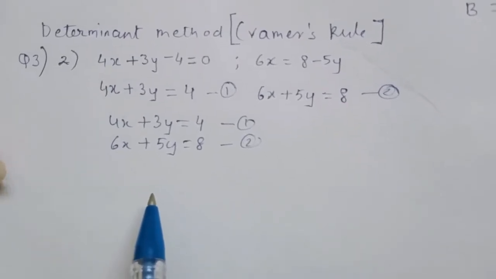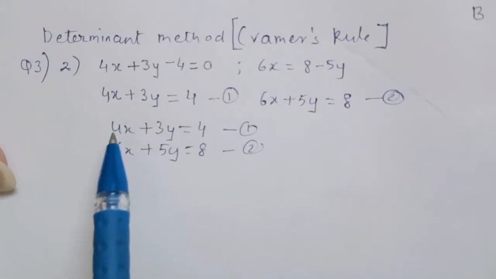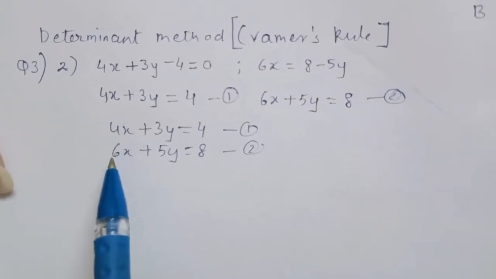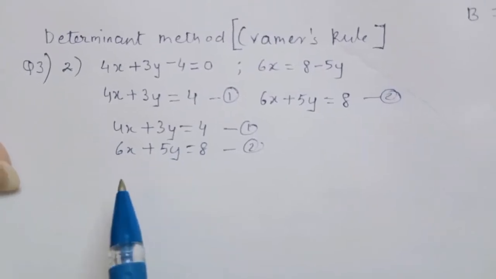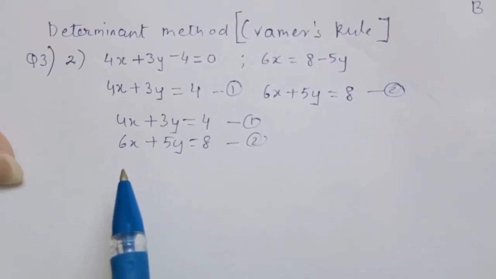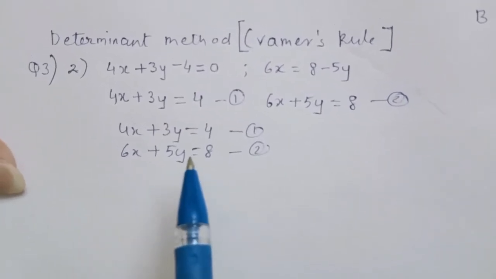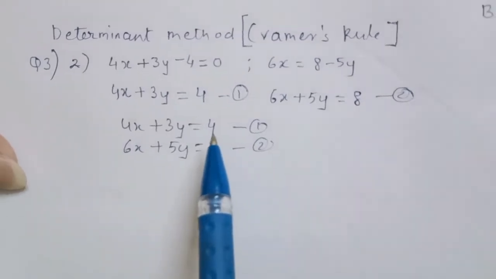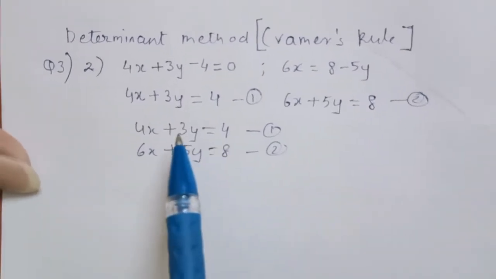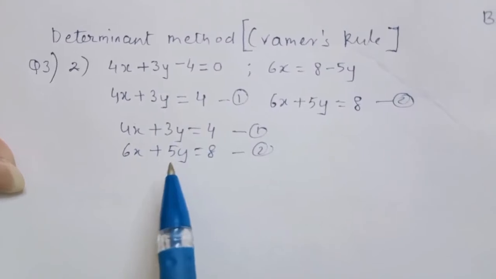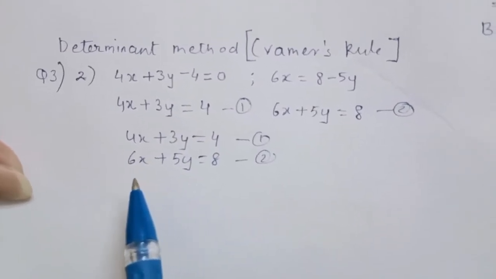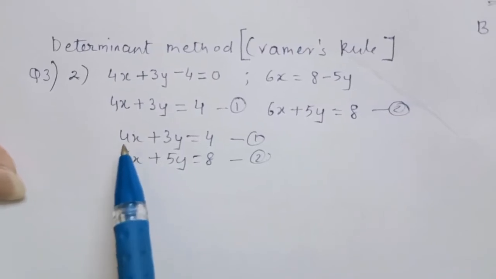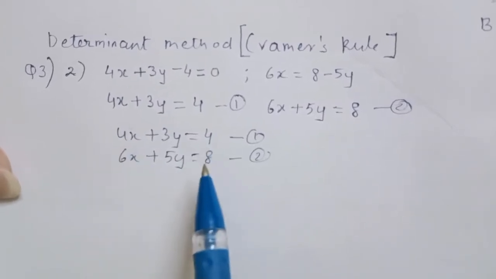To find determinant d, we take the determinant of 4, 6, 3 and 5. To find determinant dx, we take the determinant of 4, 8 and then 3, 5. And for determinant dy, we take the determinant of 4, 6 and 4, 8.